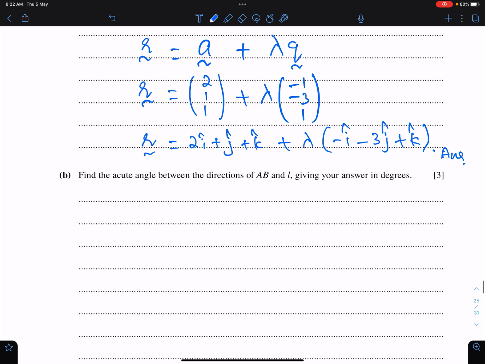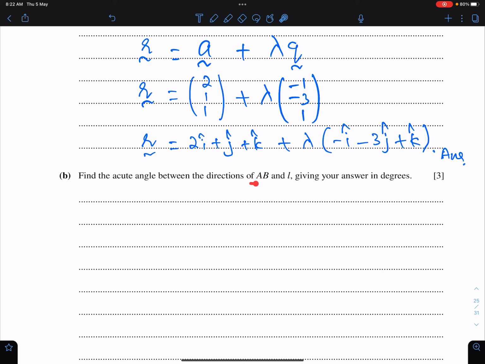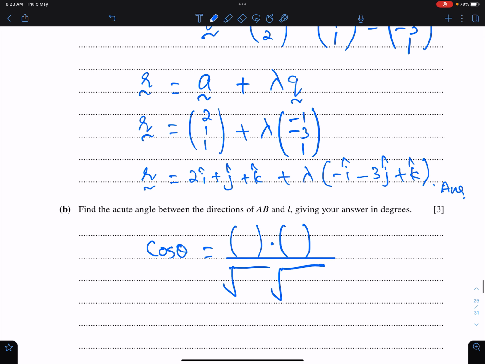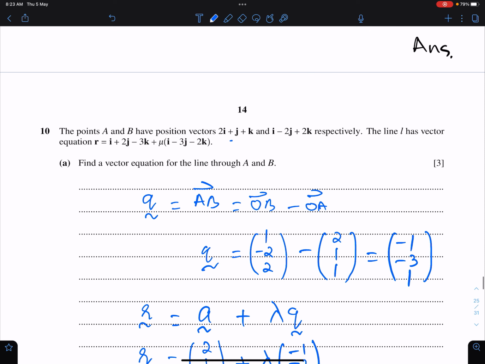Find the acute angle between the directions of AB and L. This is very simple. We know the formula for the angle between two lines. It should be direction of AB dot direction of L, and their magnitudes should be here. So direction of AB is minus 1, minus 3 and 1, whereas direction of this line L is 1, minus 3 and minus 2.